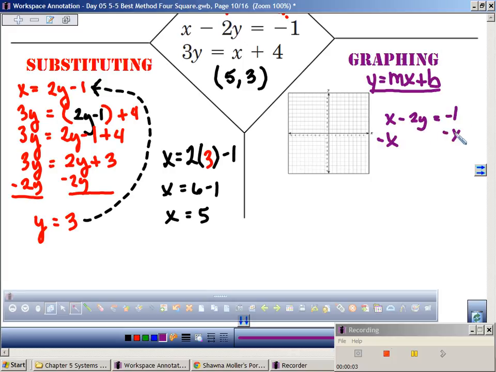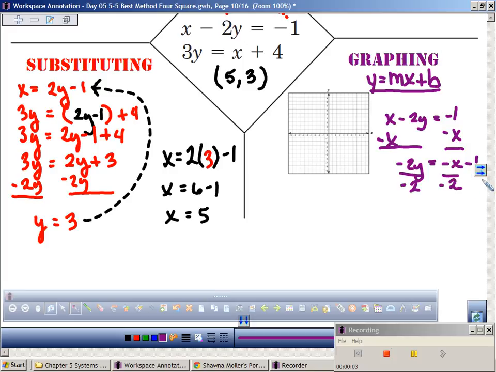We're going to subtract x from both sides, and I get negative 2y equals negative x minus 1. Now what do I do? How about Alex? What do I do now? Yes. Well, divide 2 by everything. Good.